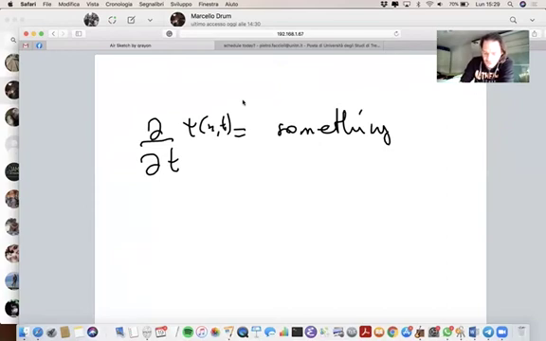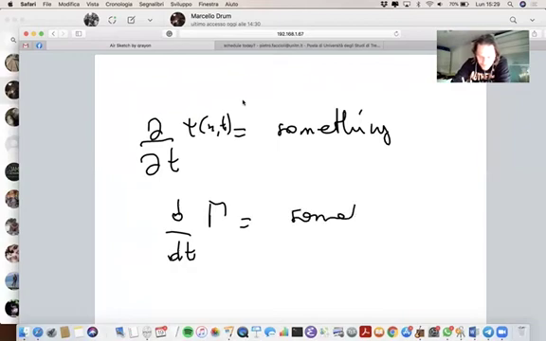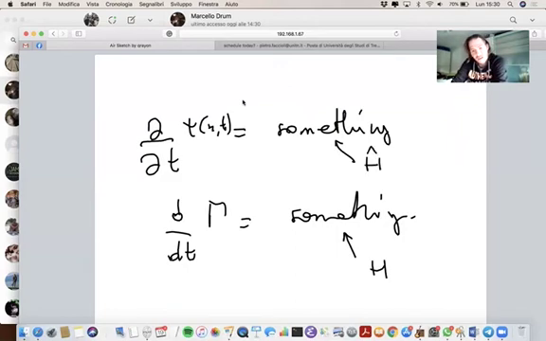Now, this should look to your eyes very much like classical mechanics. I have the time derivative of the state on the left and something on the right. And remember, in classical mechanics, that something on the right was specified if you knew the classical Hamiltonian. And in quantum mechanics, the something that sits on the right can be specified if you know the quantum Hamiltonian.